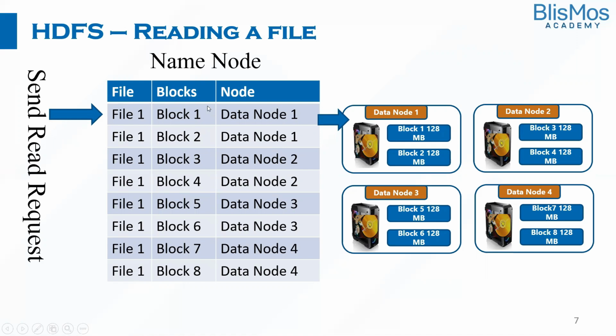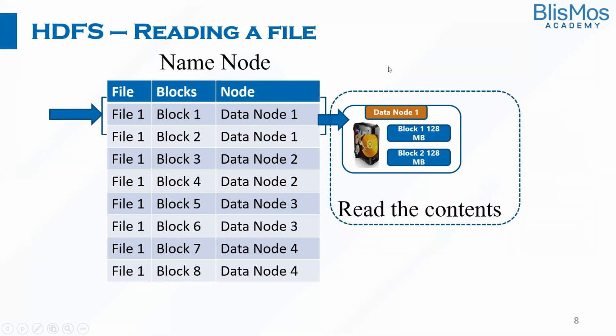File and block, and that combination would be in a particular node. By referring to the name node, we'll get to know that. Now that we have located the address of the block, the system will read the contents from the block in a data node.